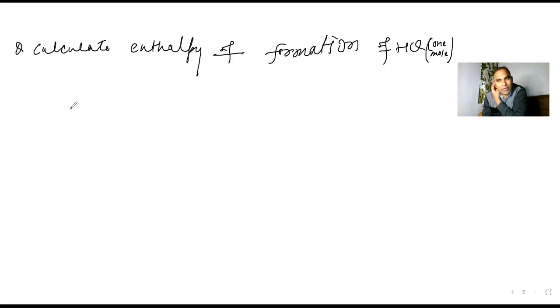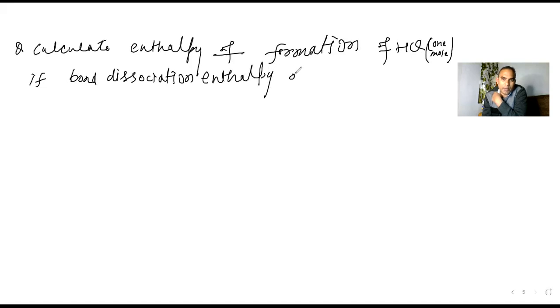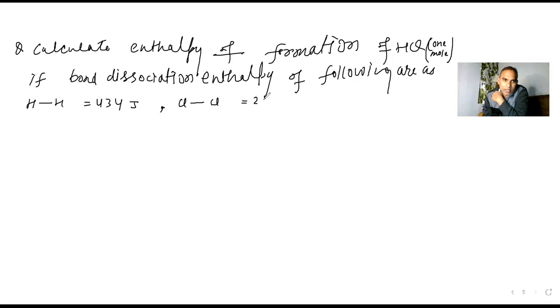Now, what point are they talking about? If the bond dissociation enthalpies of the following are: H bond H, 434 joule; Cl bond Cl, 242 joule; and last, H bond Cl, 431 joule.